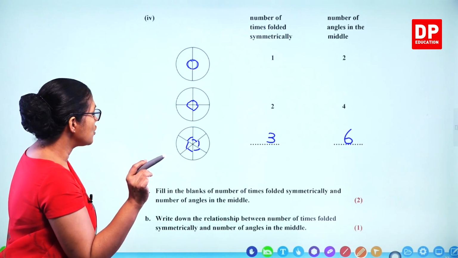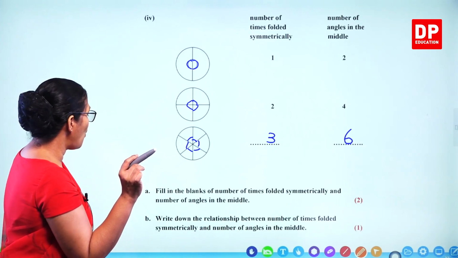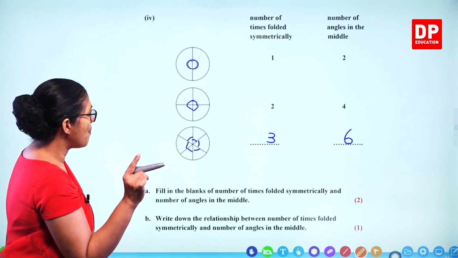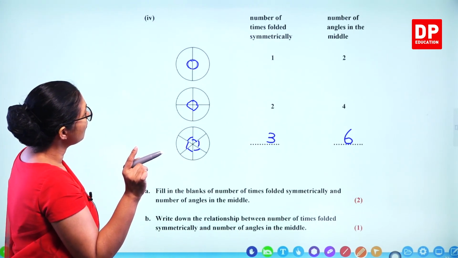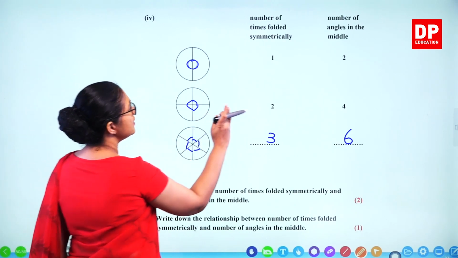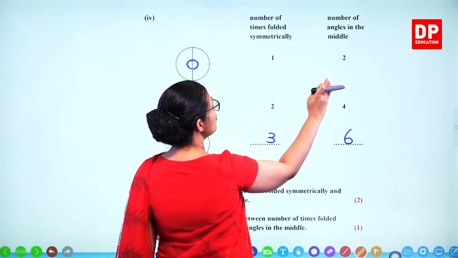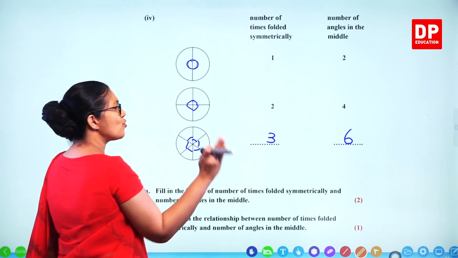Write down the relationship between the number of times folded symmetrically and the number of angles in the middle. This is double, no? 1 times 2, 2. 2 times 2, 4. 3 times 2, 6.